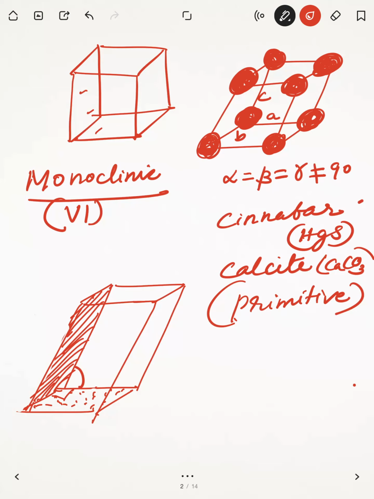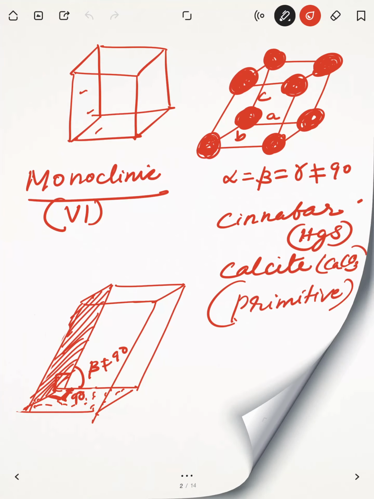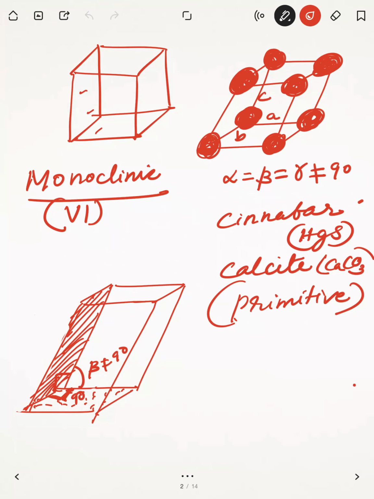When I press the dashed area to the right hand side, the angle beta is not equal to 90 now, but the part which was not moved is 90, and here that is also 90. So beta is not equal to 90, alpha is equal to 90, and gamma is also equal to 90.